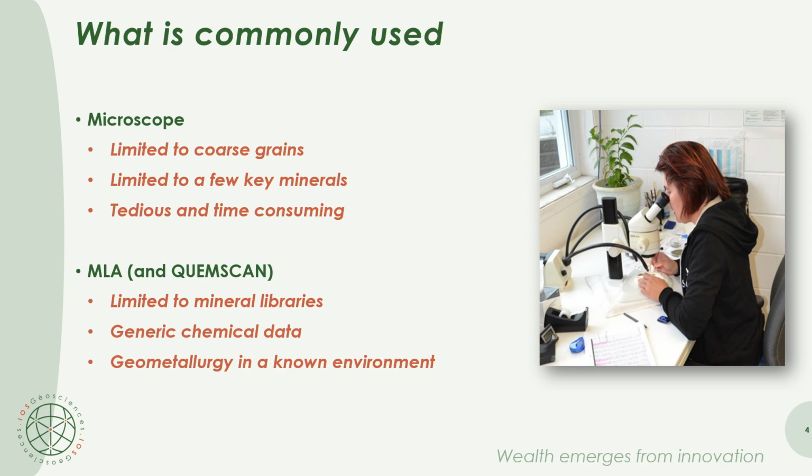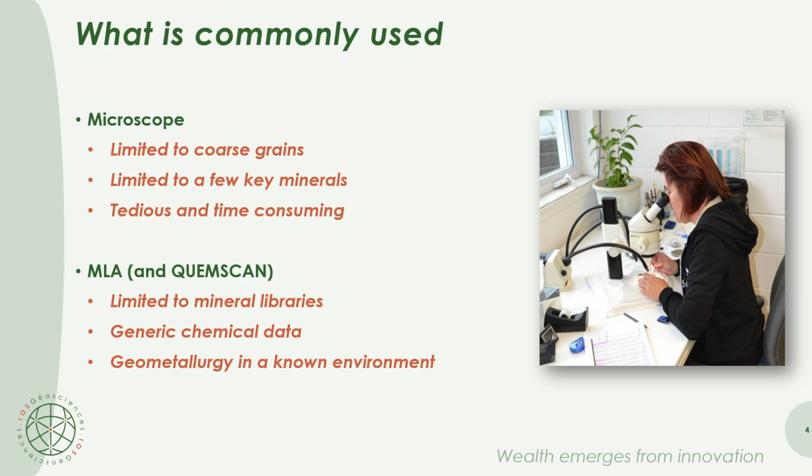Other techniques, MLA and QEMSCAN before that. They are limited to libraries, so they can identify a mineral, but only if it's in the software. If you find odd minerals, they won't know about them.